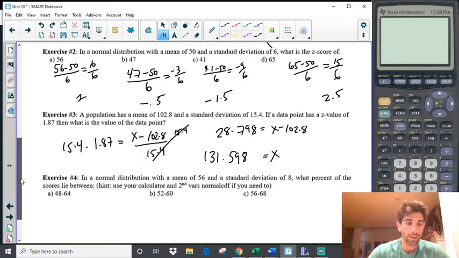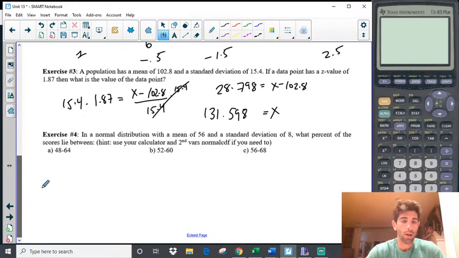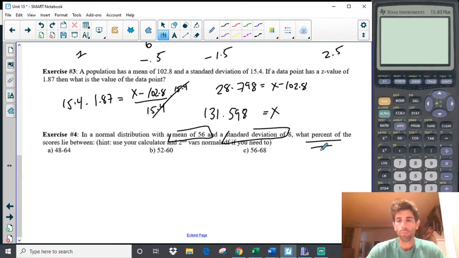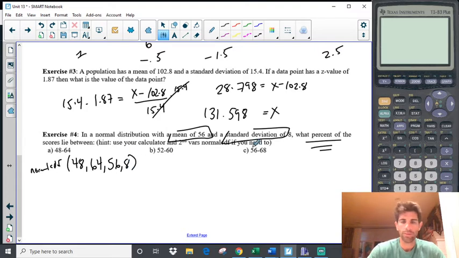Exercise 4 is a recap of the last question. In a normal distribution with a mean of 56 and a standard deviation of 8, what percent of the scores lie between the given values? That's going to be your normal CDF. I'll do the first one with you. For the normal CDF, to find your percentile, first is your lower bound, then your upper bound, then your mean, and then your standard deviation.